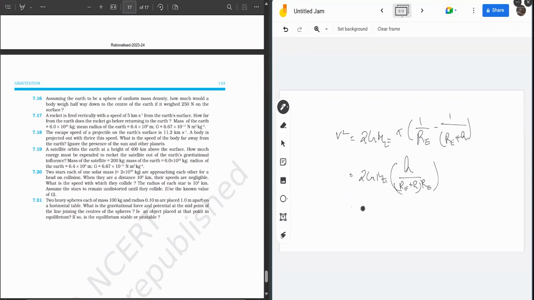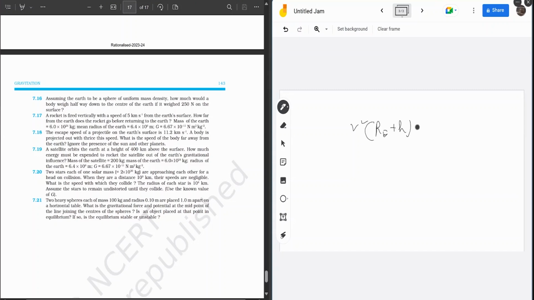So v square is equal to GMe h by Re square plus Re h. Okay, solving this further, we get v square into (Re plus h) is equal to 2g Re h.